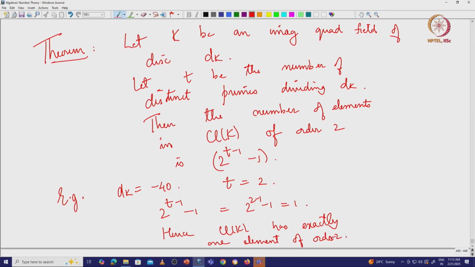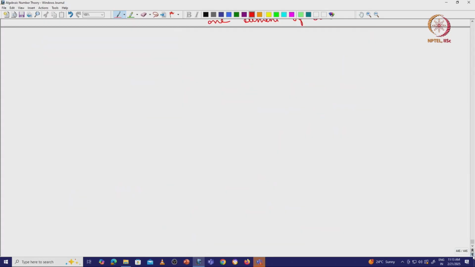Okay, so let's look at one more example before we go to the proof of this theorem. You take K to be Q(square root of minus 35).